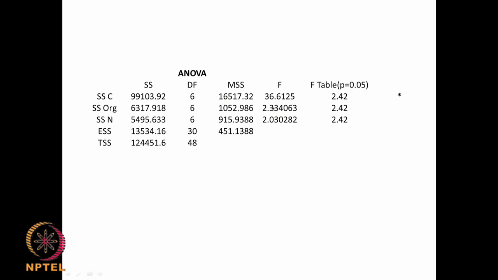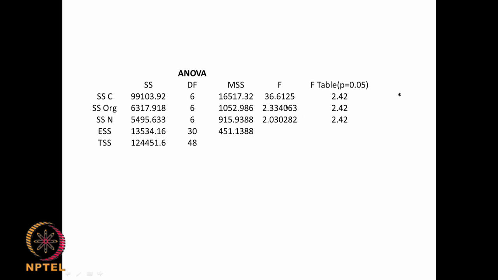Organism 2.33, 2.42. So although we will say that it does not have an effect, there is no reason for you to reject the null hypothesis, but still it is pretty close, you understand. 2.33 and 2.42 is not very far. So I may look at it more in detail, maybe carry out more experiments and so on.